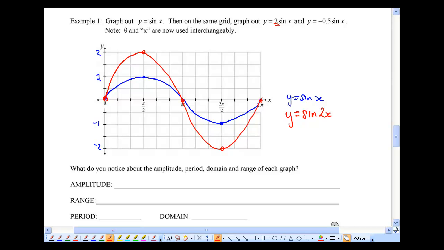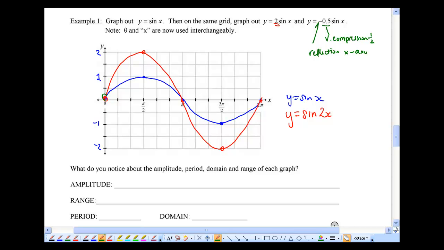How about the third one? Well, look here, the a value, which is the vertical stretch, in this case is a half, so this is actually a vertical compression by 1/2. That negative means it's a reflection in the x-axis.